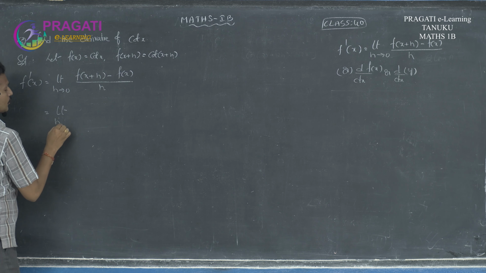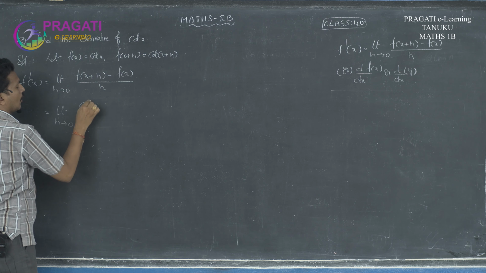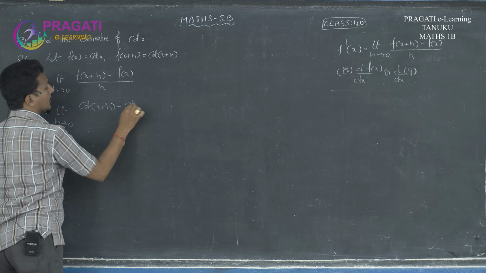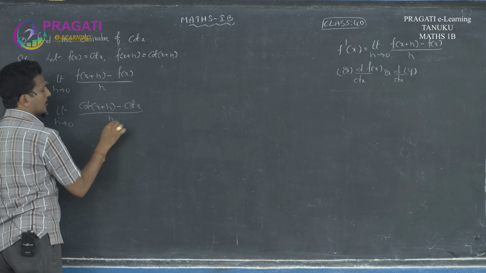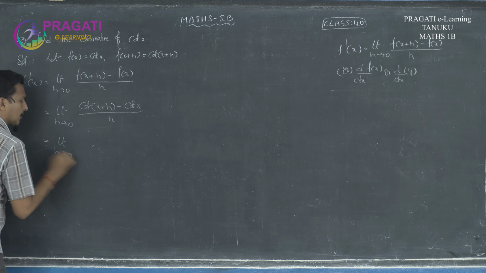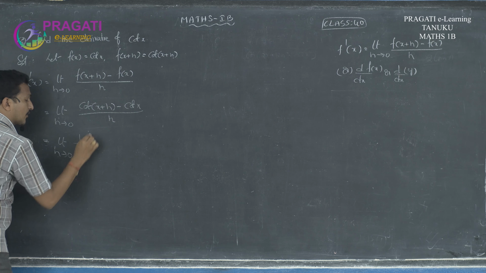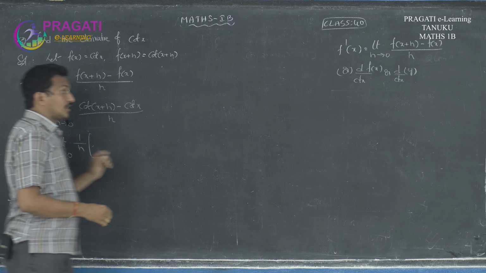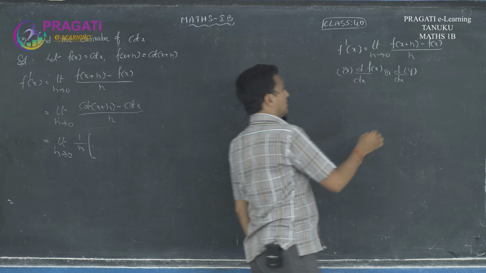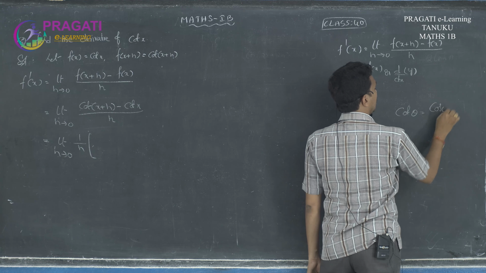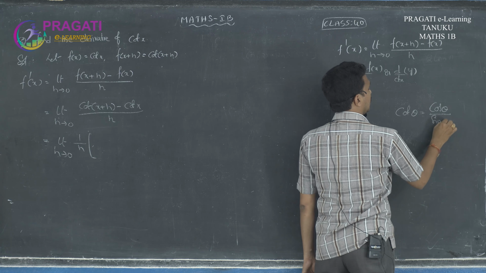Limit h tends to 0, f of x plus h means cot of x plus h minus cot x by h. Here to observe that in the previous problem same as repeated, here to write 1 by h to the front side, and cot theta can be written as cos theta by sin theta.